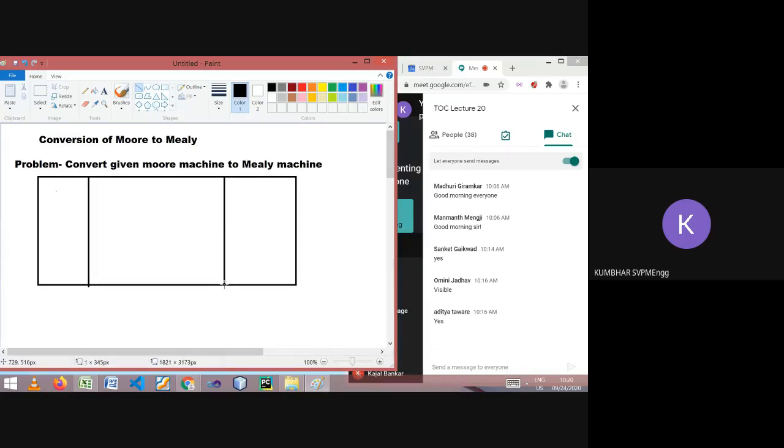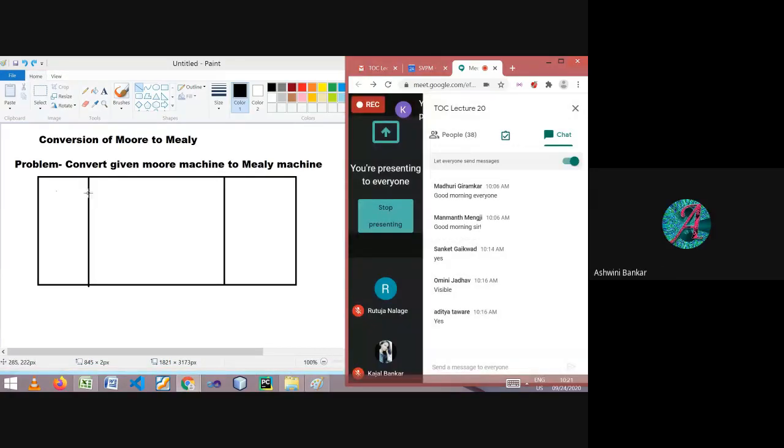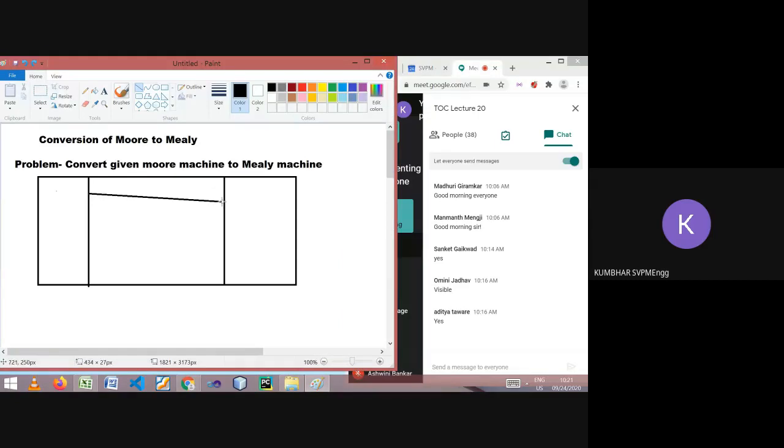You can understand now we will not show the output with the state within the next state part because every state will represent one output. In a Mealy machine, every transition represents the output, but in a Moore machine, every state represents the output. Correct? Output is associated with the state in a Moore machine.